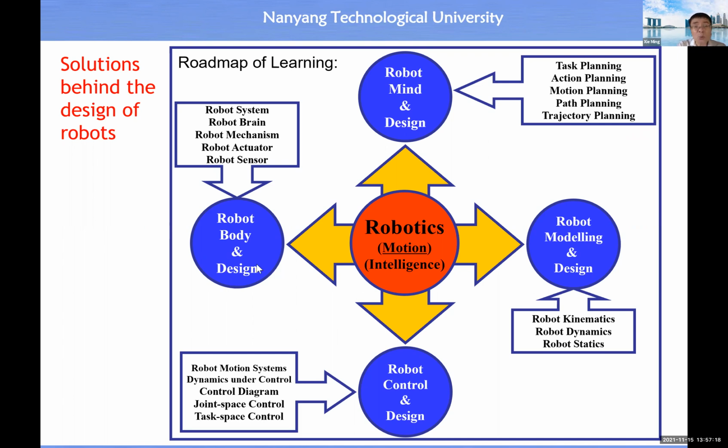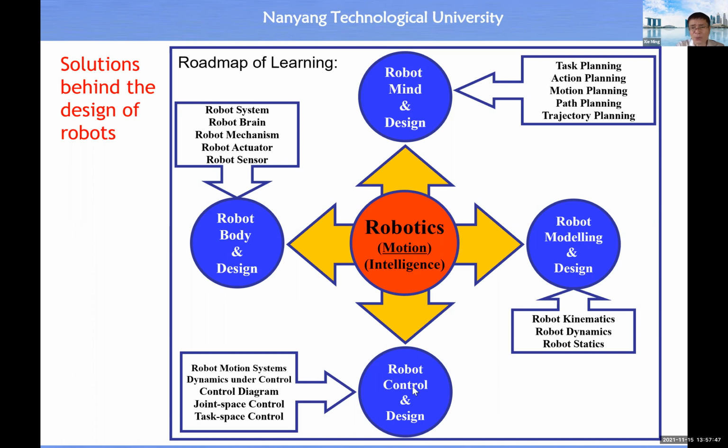Module number 2 is about the robot body, which will include these topics such as robot system, robot brain, robot mechanism, robot actuator, robot sensor. And module number 3 is about the robot modeling, which will include these topics such as robot kinematics, robot dynamics, robot statics.